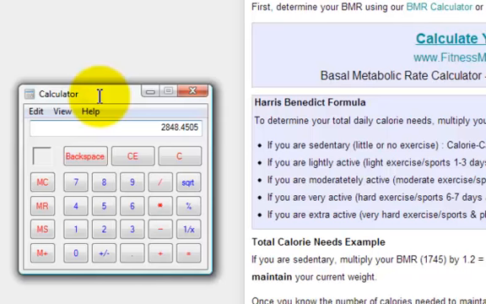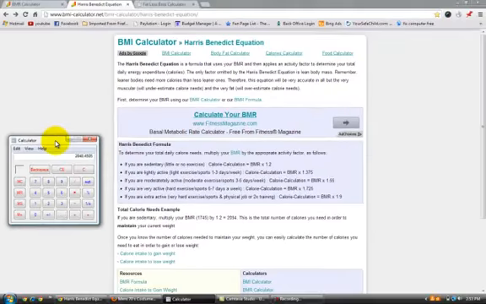What that means is, in order to maintain the current weight that I'm at, I would have to consume 2,848 calories every day. Now obviously I don't want to maintain my weight, I'm here to lose weight, right?